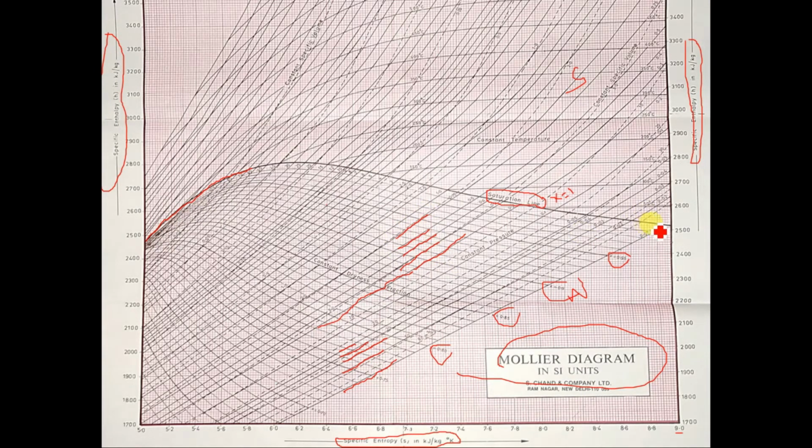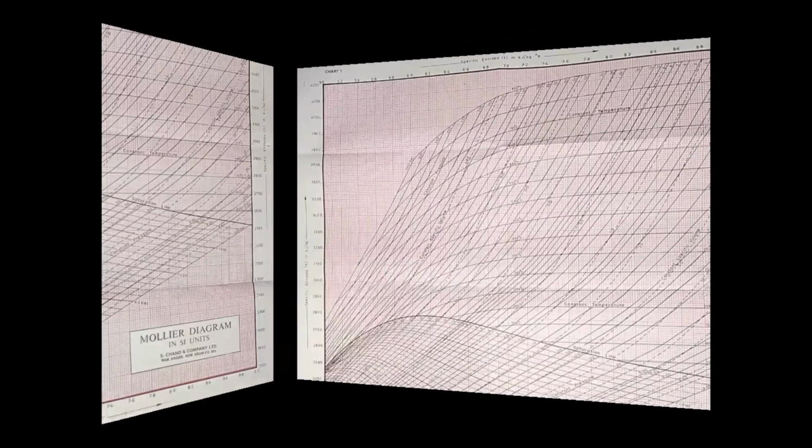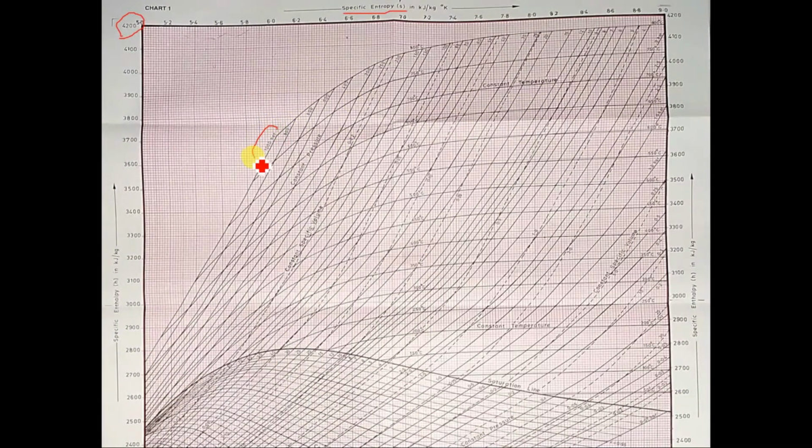It starts from 0.01 bar, 0.02 bar, 0.03 bar, 0.04 bar, 0.05 bar, and then 20 bar, 25 bar, 30 bar, 40 bar, 50 bar. It goes up to 1000 bar. You can see here, this line indicates 1000 bar.